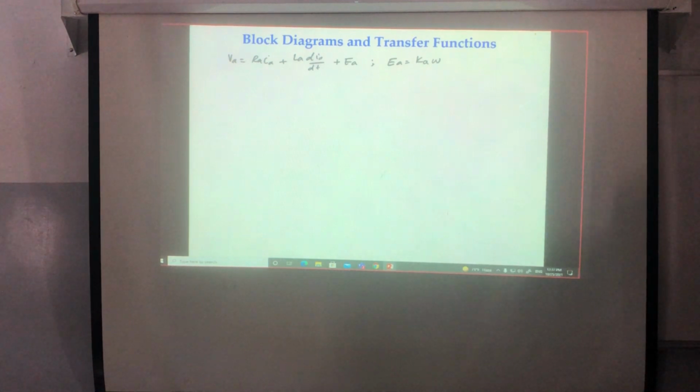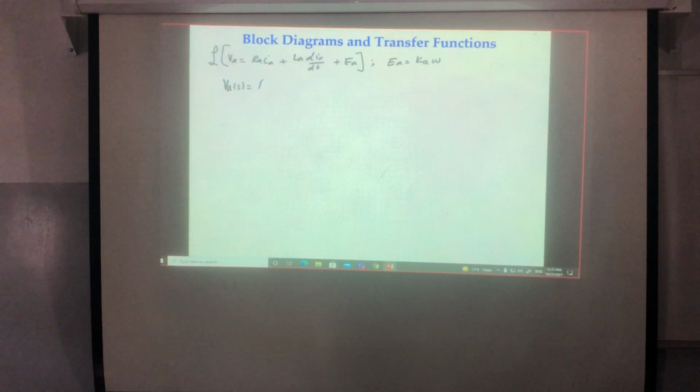So let's take the Laplace transform here. If I take it for the first side, I will take it for the second side. So this will be VA of s equals RA, the constant, times IA of s, plus LA times s times IA of s. I'm neglecting the initial condition, assuming it equal to 0.